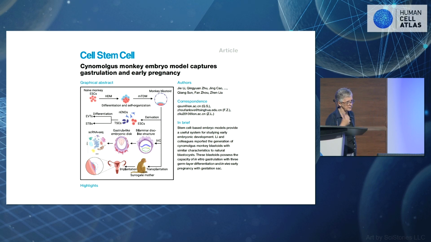And this is a recent paper from Zhen Lu's lab in which they did what had been done in the mouse as well, and again, go back to this concept of having the three blastocyst cell lines.